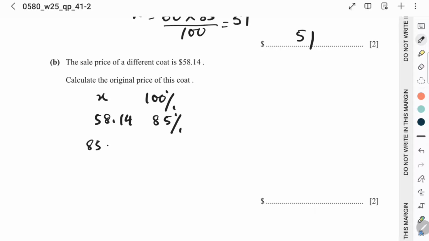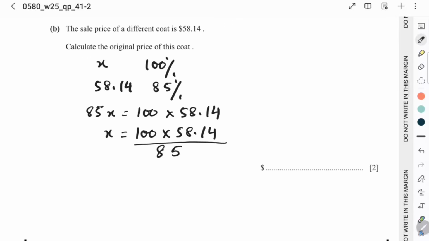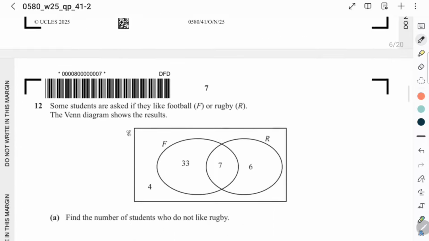So 85x is equal to 100 times 58.14, and x is equal to 100 times 58.14 divided by 85. You will get 342 divided by 5, and then it will be 68.4 or $68.40. Alright, so go to the next question.